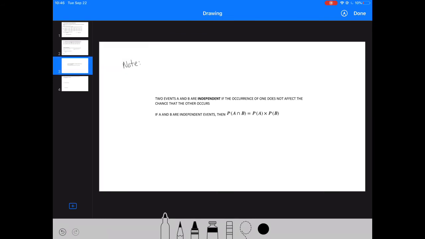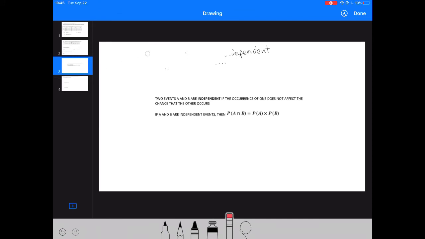So we can note that 2 events are independent if the occurrence of one does not, I'll stop writing because it's down there.